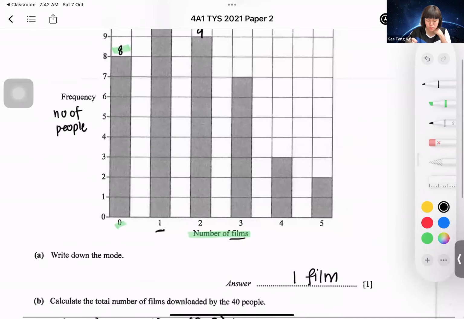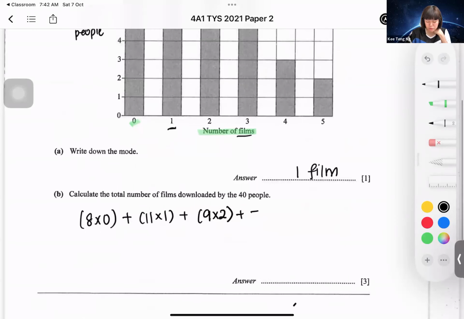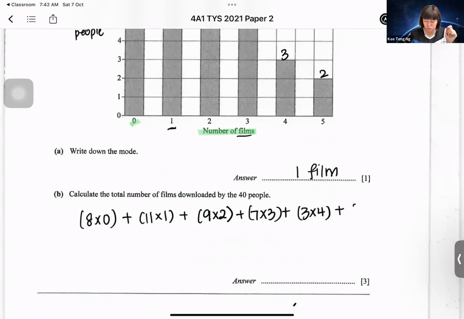Next one, 7 times 3 films. And 3 people downloaded 4 films, so 3 times 4. 2 people downloaded 5 films, so 2 times 5. Then add everything together to find the total number.